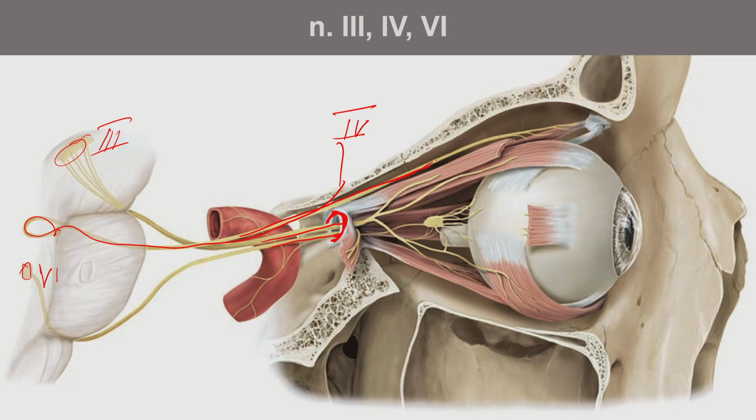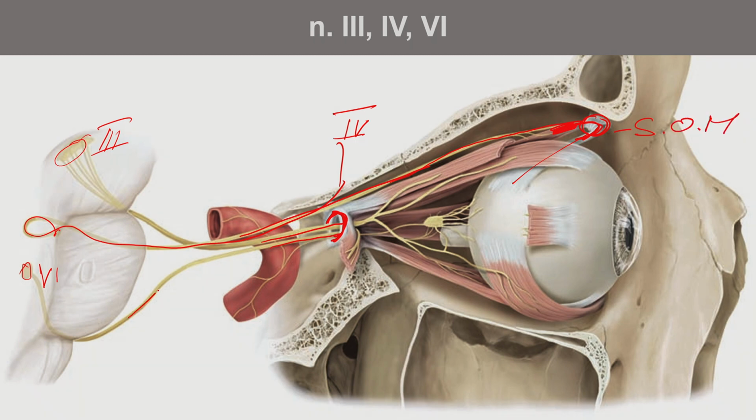And the trochlear nerve is innervating only one muscle, which is with the tendon bowing around the trochlea, and it is the superior oblique muscle.